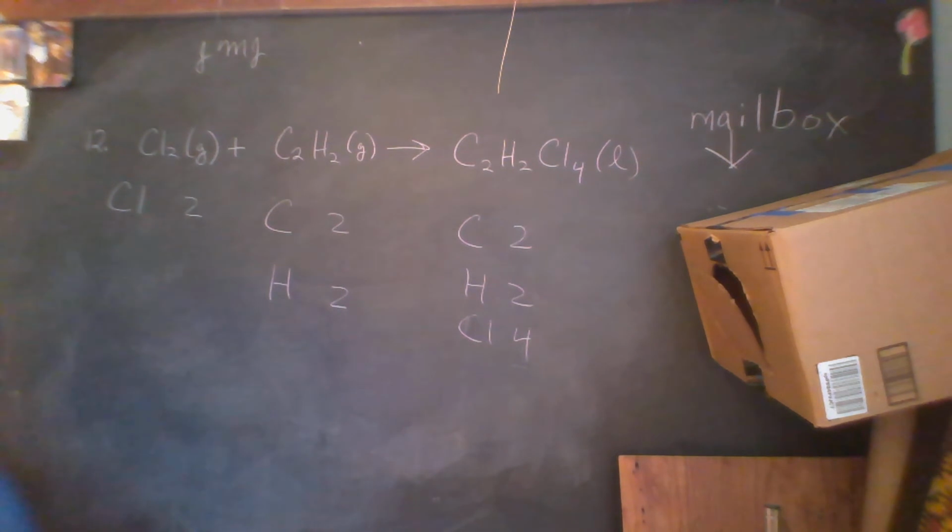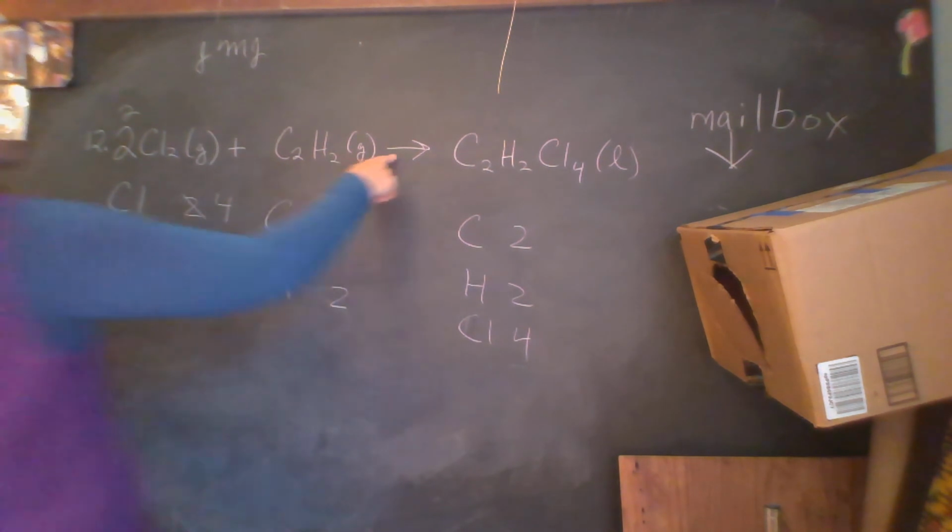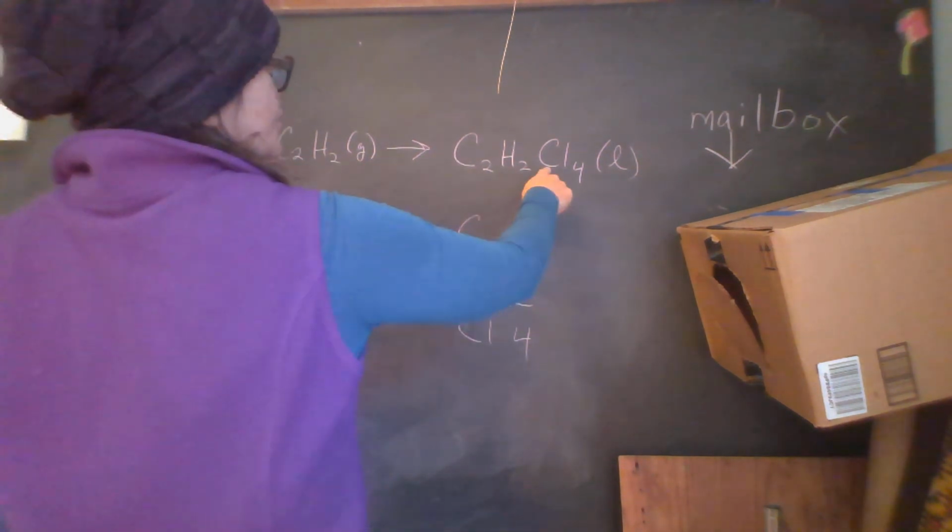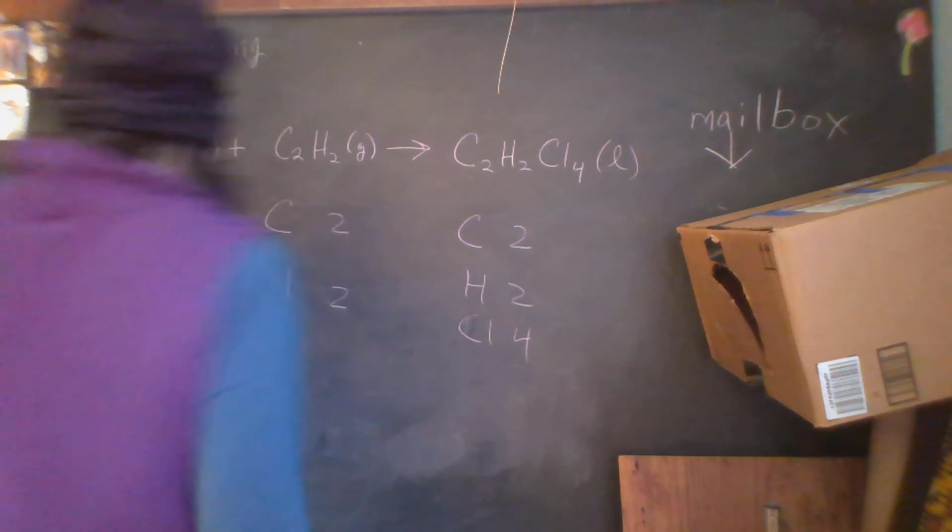So how can I make this match? Well, if I had 2 of these, then I would have 4. And then everything would work out. I don't think I need to make any other changes. So I make this 2. So the correct way to write this is 2Cl2 gas plus C2H2 gas yields C2H2Cl4 liquid.